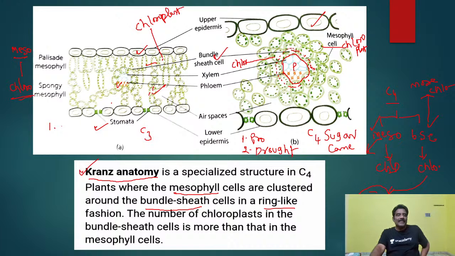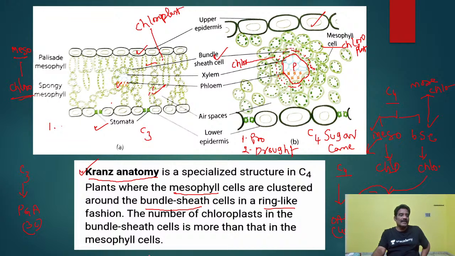But why are these plants called C3, and these plants called C4? Here it is very simple. In C3 plants, the first product is a 3-carbon compound, that is PGA. Phosphoglyceric acid is a 3-carbon compound. In the case of C4 plants, the first product is oxaloacetic acid, which is a 4-carbon compound.